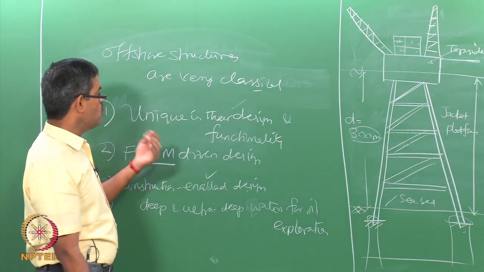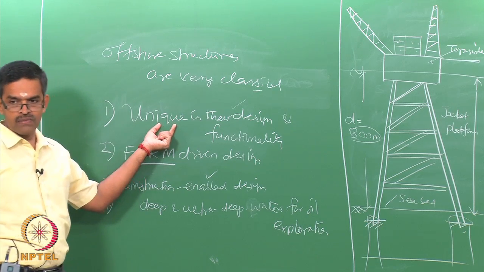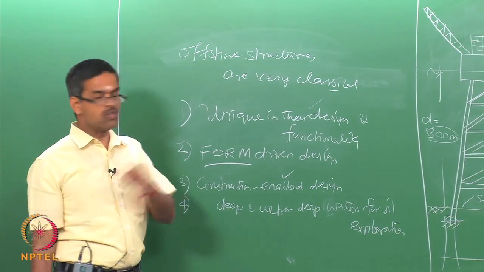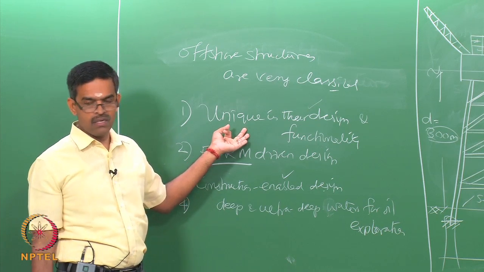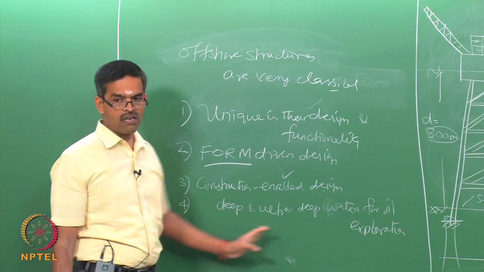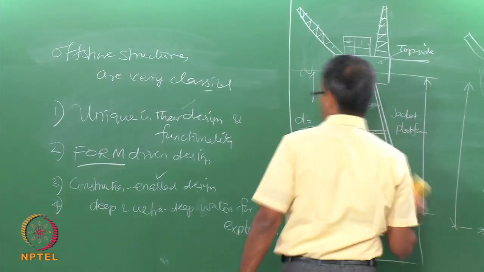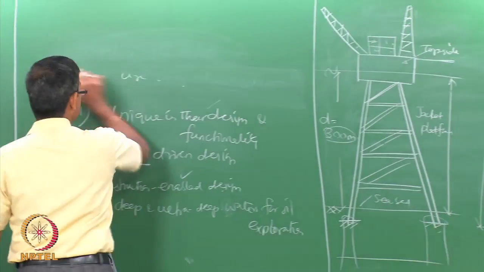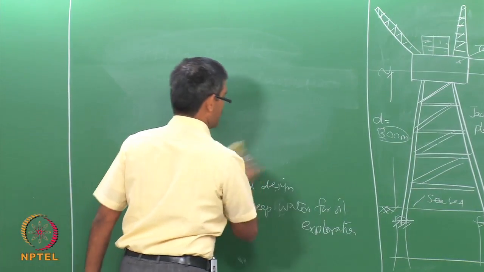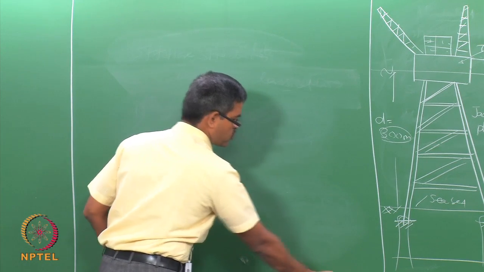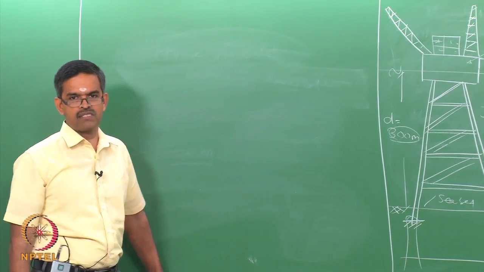Therefore, any new offshore structure designed today or will be designed tomorrow or in the near future will also remain a unique challenge, because the oil exploration is driven towards deep and ultra deep waters. Having said this, let us discuss some classical problems or some special features which makes offshore structures much more interesting.